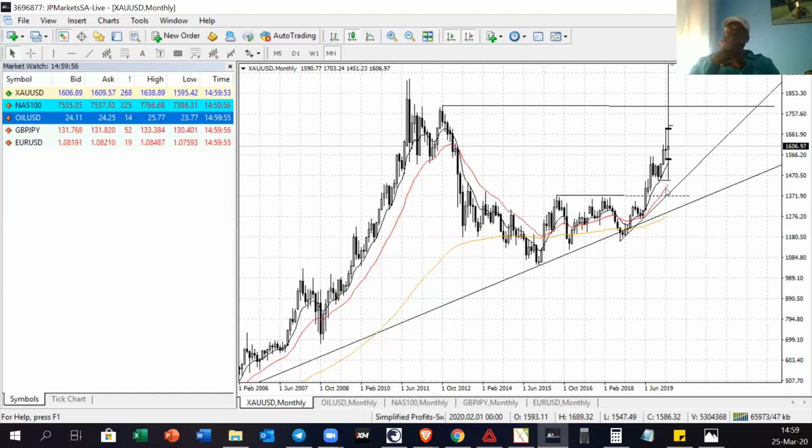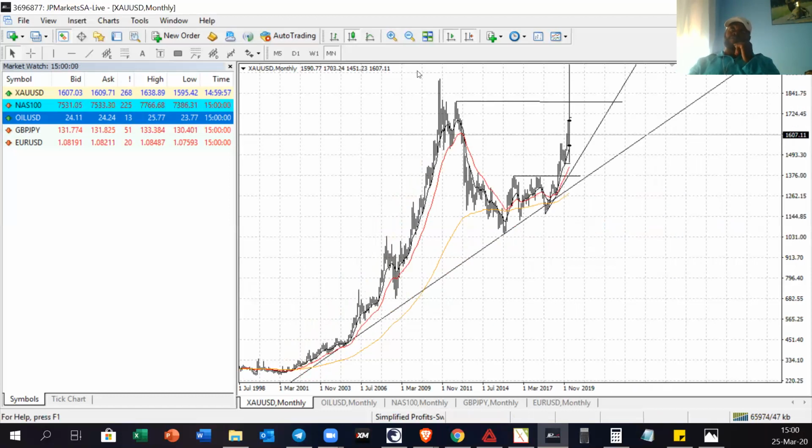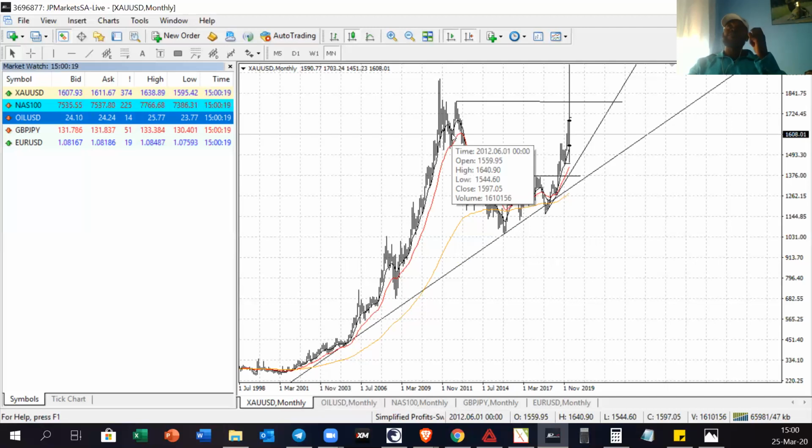And we know that gold can be bullish for years. So far, it's been bullish for, say, 100 months. And if we look here, price is bullish from 2001 to 2011. That's 10 years.